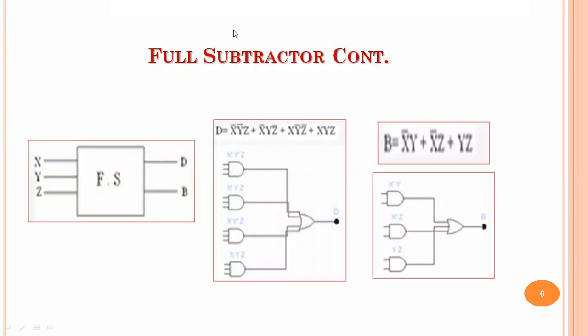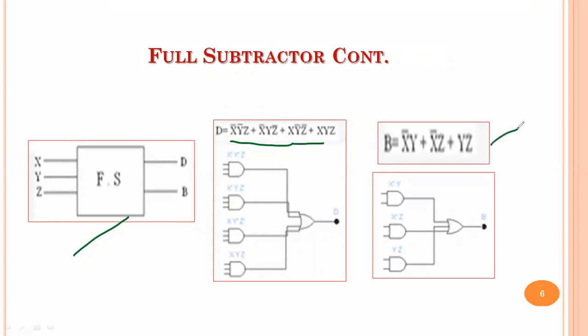So this is the circuit of this. You can say this is the block diagram of this full subtractor, and that will become the equation of the difference, that is D equal to x bar y bar z plus x bar y z bar plus x y bar z bar plus x y z.